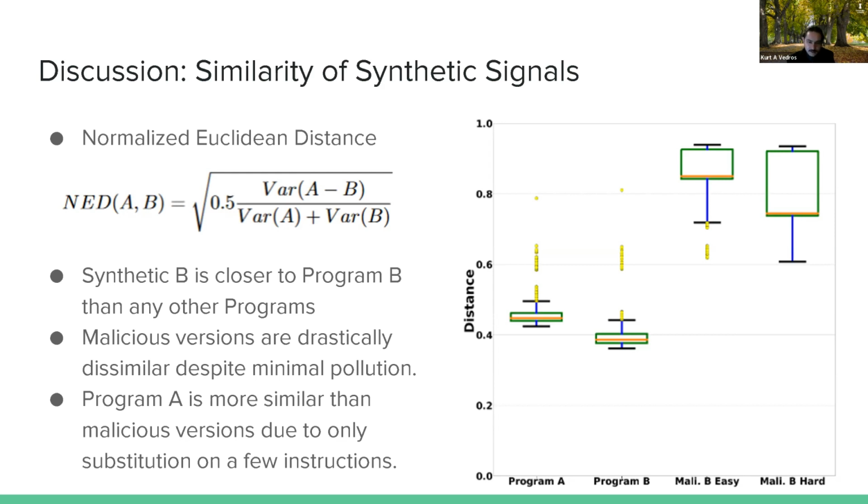And this is mainly because there's only 6 different instructions that were altered but not injected. But the two distributions on average have a very clear separation between program A and program B. Notice in these experiments, the similarity was evaluated using normalized Euclidean distance.